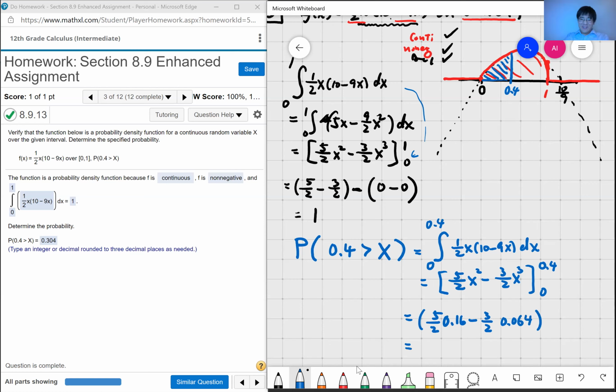That is equal to 0.4 minus 0.096, which is 0.304. So the area under the curve here is 0.304, and that is equal to the probability that the random variable x takes a value less than 0.4.